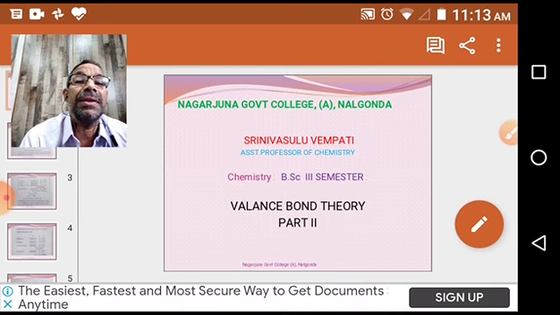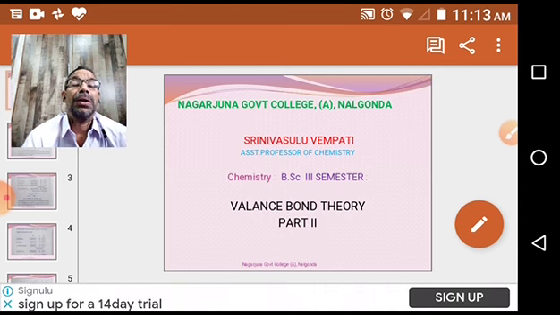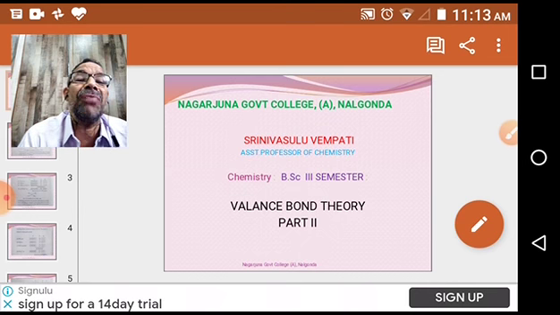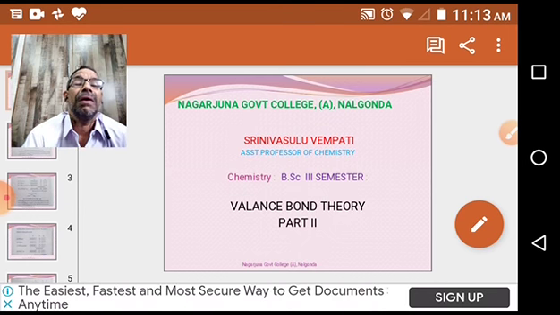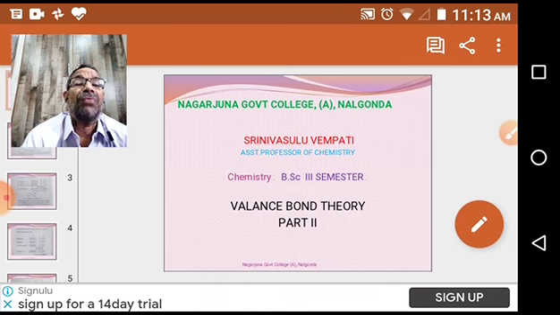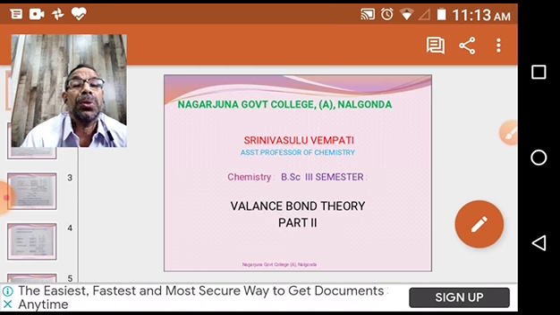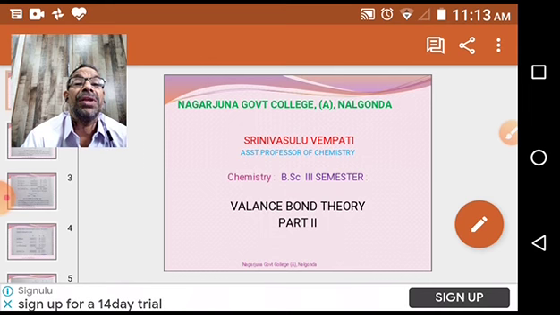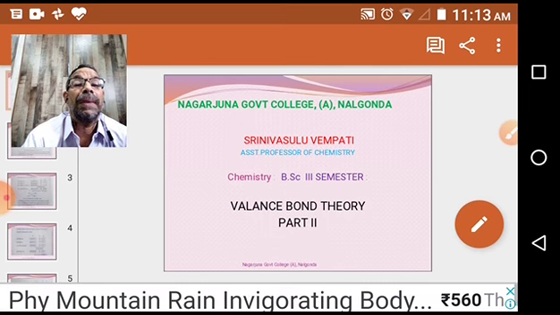Second point: these orbitals undergo hybridization, mixing to give new hybrid orbitals of equal energy. That means before taking part in bond formation, the orbitals undergo hybridization. Third point: depending upon whether d orbitals are involved, there are inner orbital complexes and outer orbital complexes.